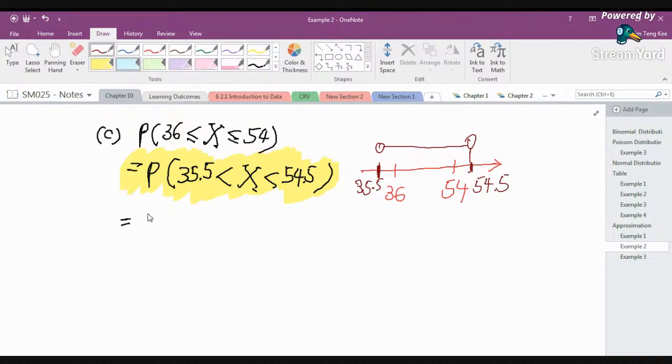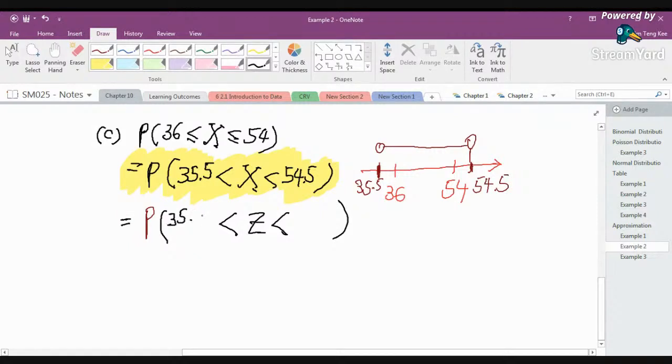Next, we do standardizations. Standardization occurs when X turns into Z. How the turning is done is that we take the value 35.5 and minus the mean in the question.